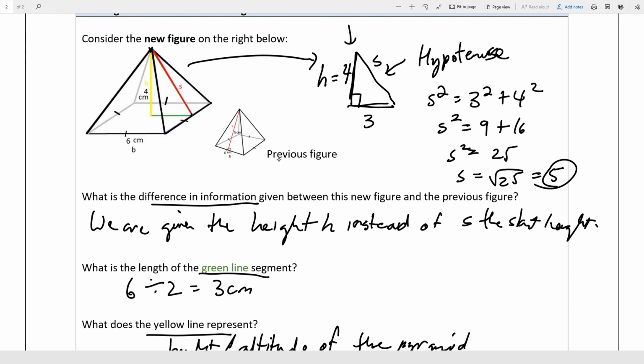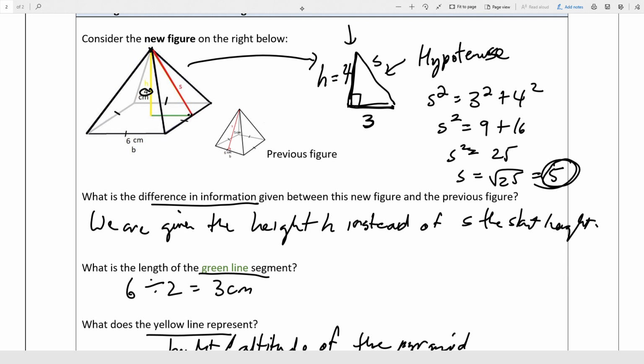And we calculated S by using the side length 4, which was given, and the side length 3, which is half of 6 here, because the green line goes from the center of the square to the edge of the square, so it has to be half the side length of the square. So it had to be 3. And then we calculated S, which turned out to be 5 centimeters.